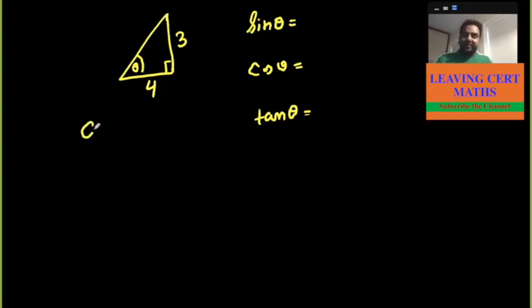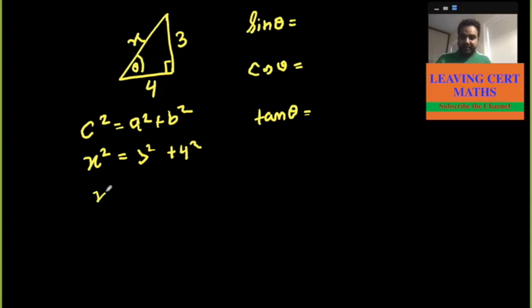So can I write c squared is equal to a squared plus b squared? c is not given, so I will assume x. So x squared is equal to 3 squared plus 4 squared, so x squared is equal to 9 plus 16. X squared is equal to 25. So x is equal to 5, right?